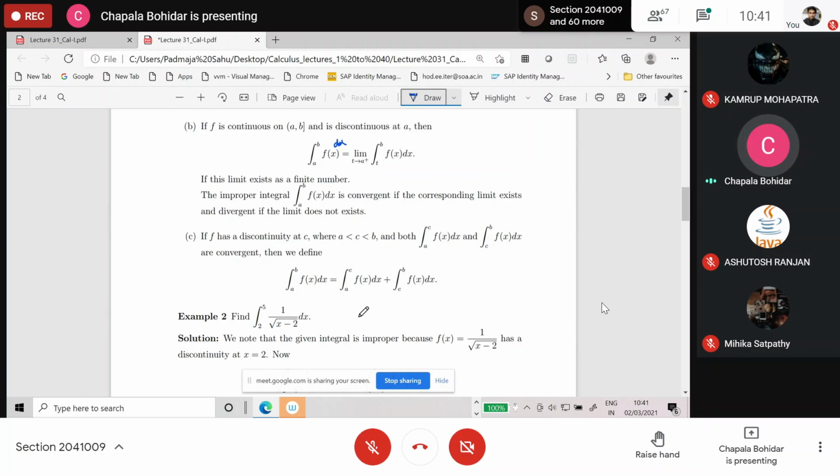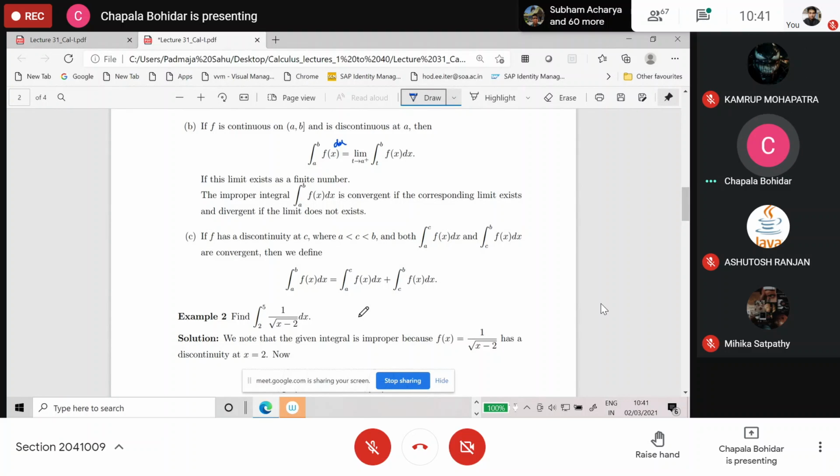So here it is. Find the integral from 2 to 5 of 1 by root of x minus 2 dx. Is this given integral proper or improper?